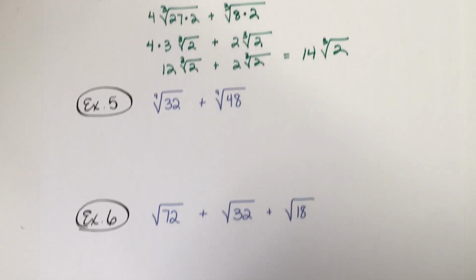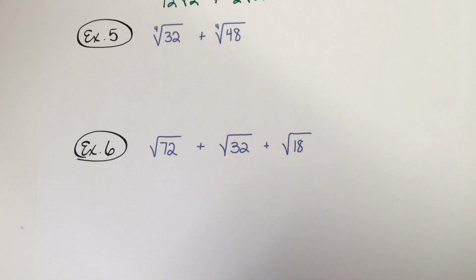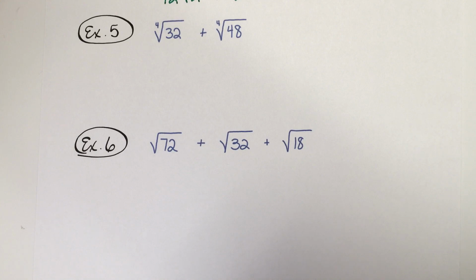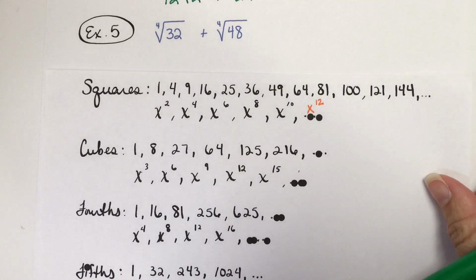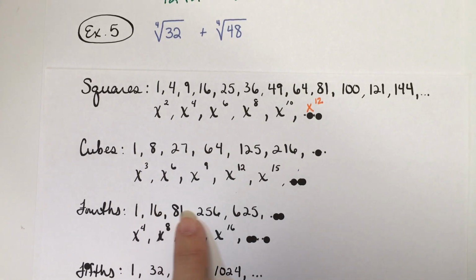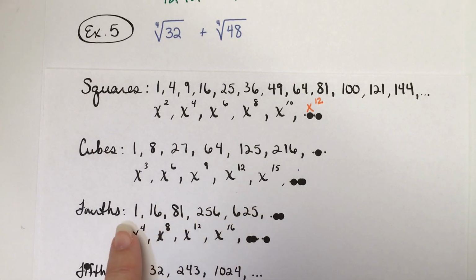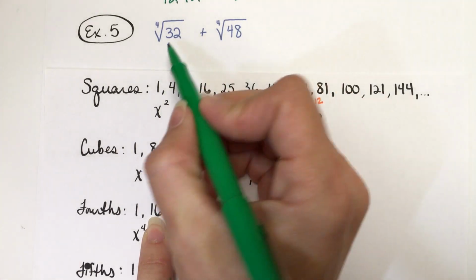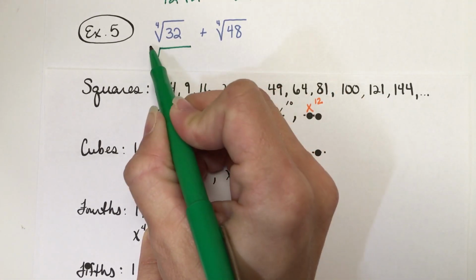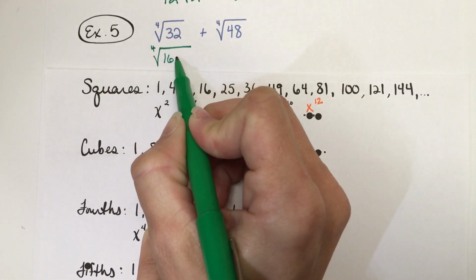Okay, next one. Now these are 4th roots. Okay, so we've got to come on down here and now look at this list of numbers, okay? So obviously 32 is not on this list, but 16 is on the list, and it will go into the 32. So we're going to rewrite this as 16 times 2.